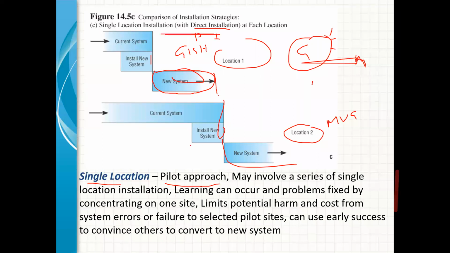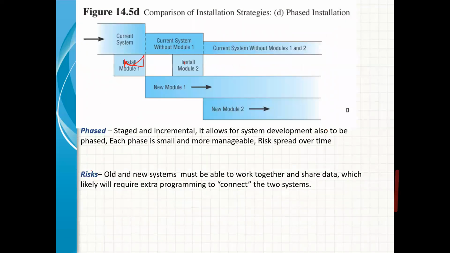The next one is phased installation. What does it mean? You don't deliver the whole system; you go phase by phase, and each phase is incremental or staged. You can look at it in terms of modules. You use the older system and you finish installation of one module of the new system, maybe the payment module.